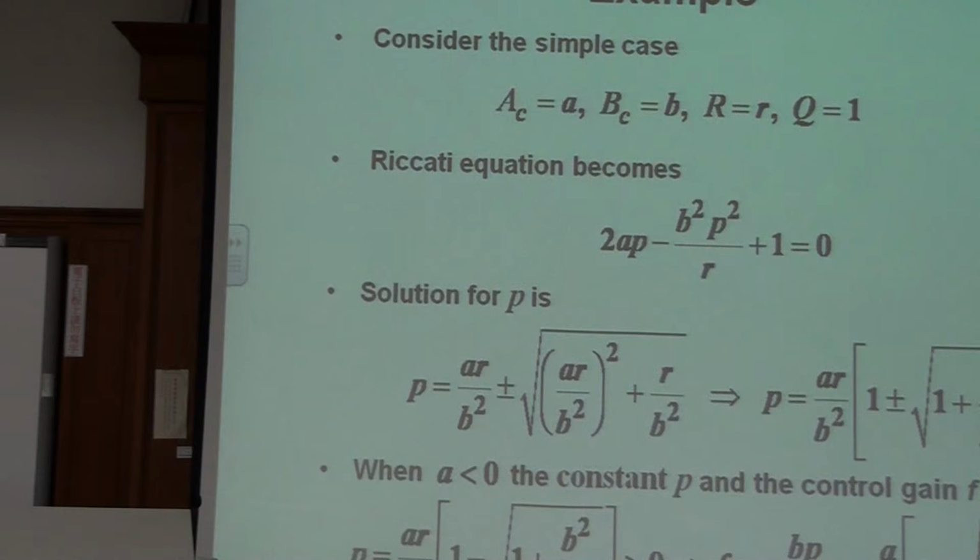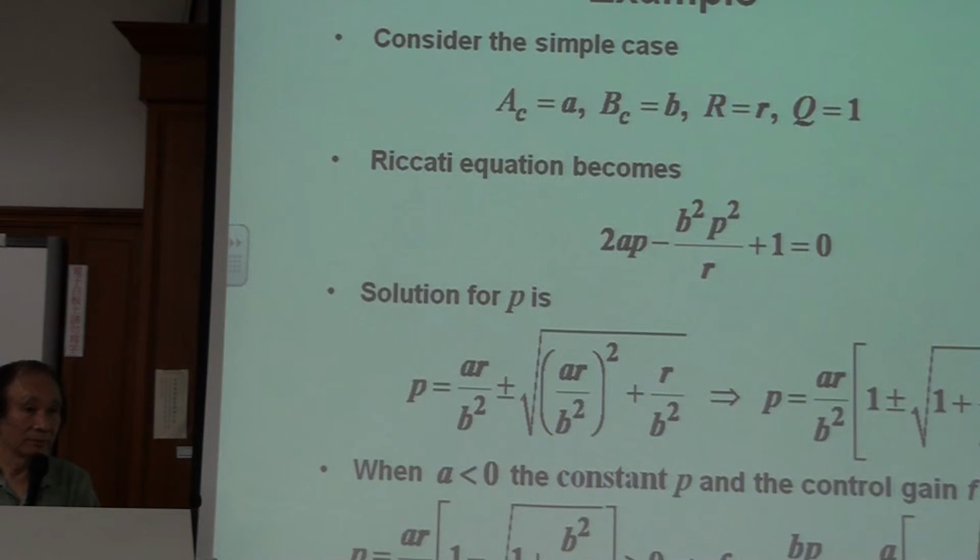There are two solutions. If A is smaller than 0, the constant P and the control gain F become this. Because A is negative, B squared is positive, and R is positive, this term inside has to be negative. So 1 minus this, inside is negative, and negative times negative, P is positive. True? Now, if you take the positive term here, then P becomes negative because A is negative.